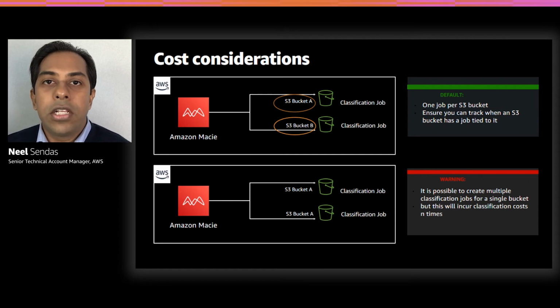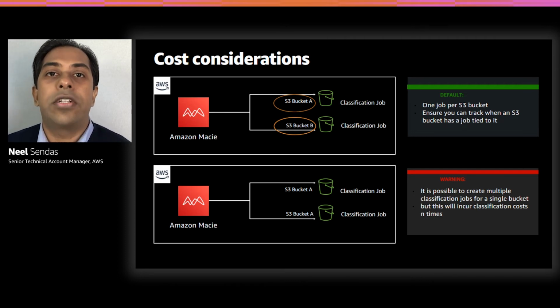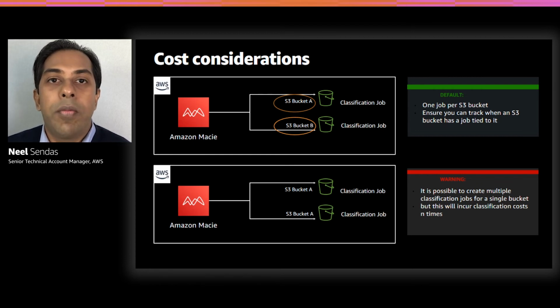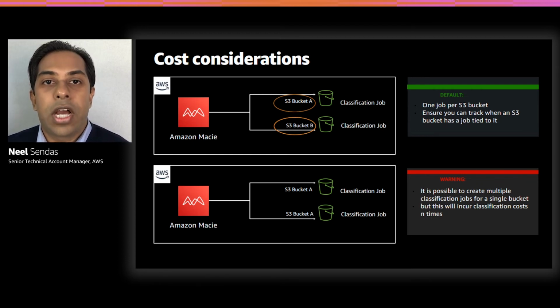Have a single job per bucket due to the immutable nature of Macie jobs. Be very careful not to create multiple classification jobs, because you might end up being charged duplicate charges for a given bucket in case you have multiple jobs running for a single bucket.